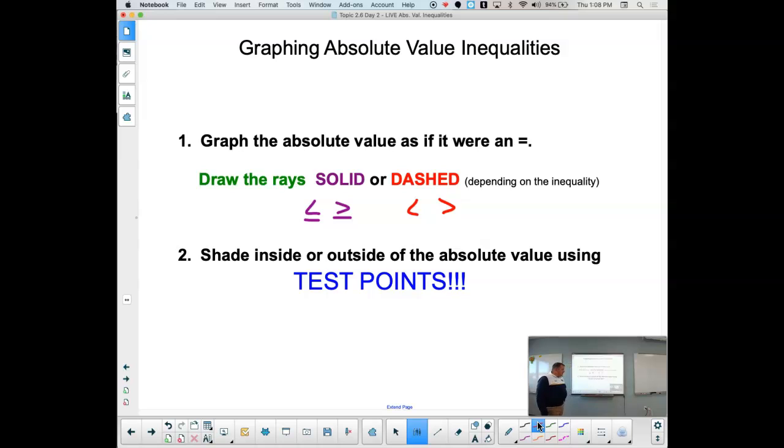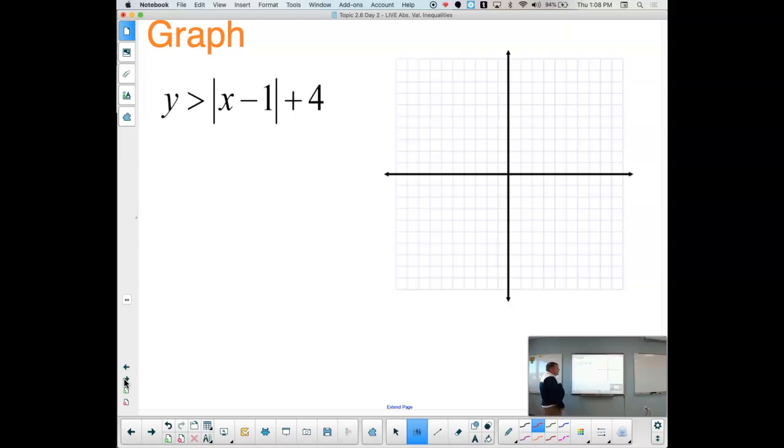Also, just like yesterday, we're going to shade on these, and it's going to be based off of test points. Okay? So we're going to try a point. As long as that point isn't anywhere on our absolute value, so anywhere on the V or the mountaintop, okay, we're good to go. We can test it, plug it in, make sure it works out. Okay? True, we shade to the point. False, we shade away from that point.